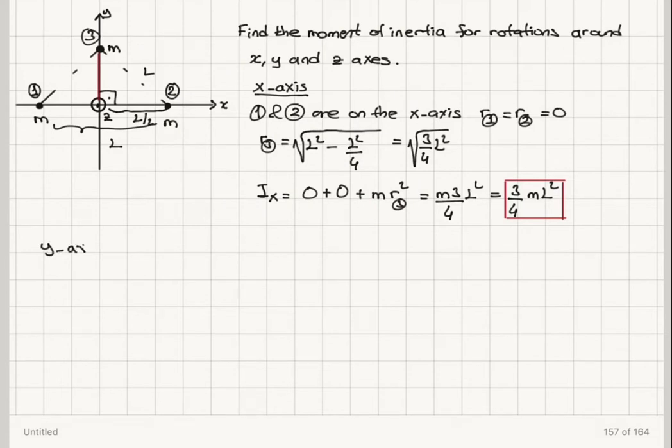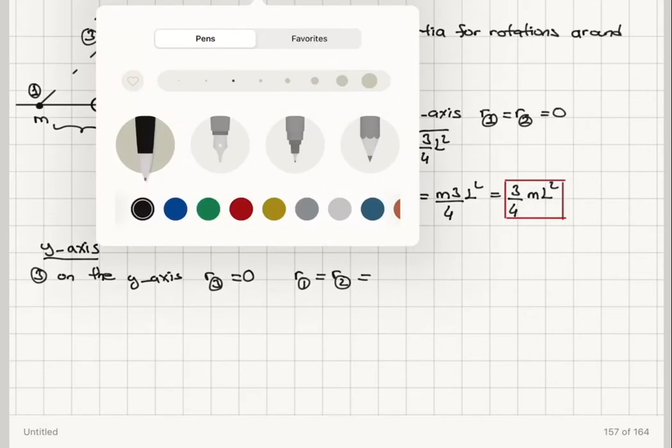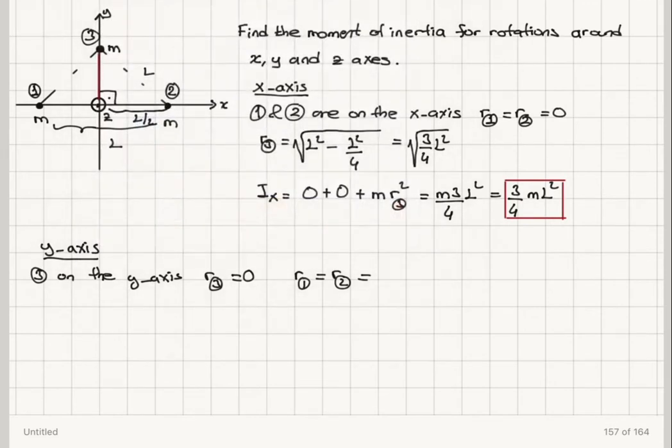Now for the y-axis calculation, I have particle 3 on the y-axis, so it will have no contribution. R3 is 0. It has 0 distance to the rotation axis. What is the distance for particle 1 and particle 2? They have a symmetric situation here. They are located at minus L over 2 and plus L over 2 here. So this is at minus L over 2.